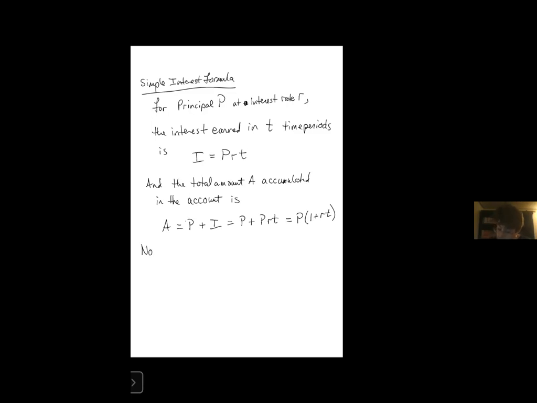I'm just going to note here: note the time units, that's not the word units, UNITS, in R and T must be the same. If the units aren't the same, then it's not going to multiply out properly.